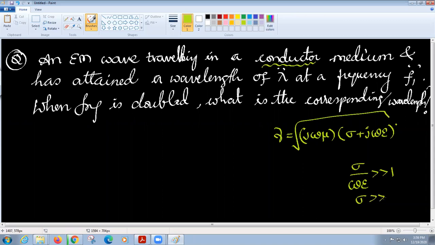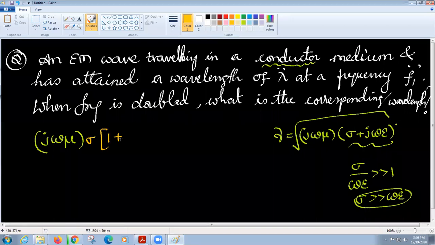That means sigma is far greater than omega epsilon. So I just want to take sigma common. So j omega mu, and from this I take sigma common, so you have 1 plus j omega epsilon by sigma.